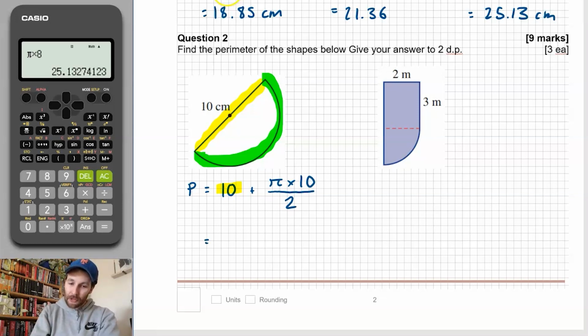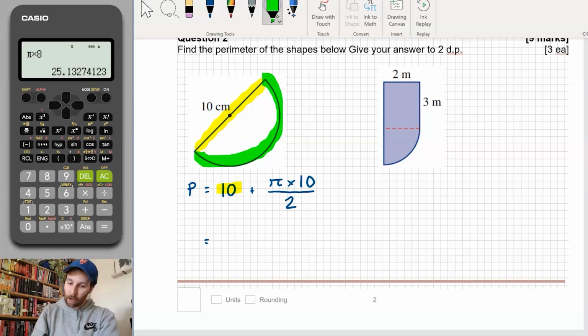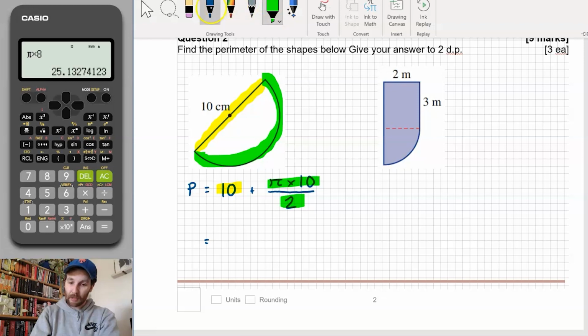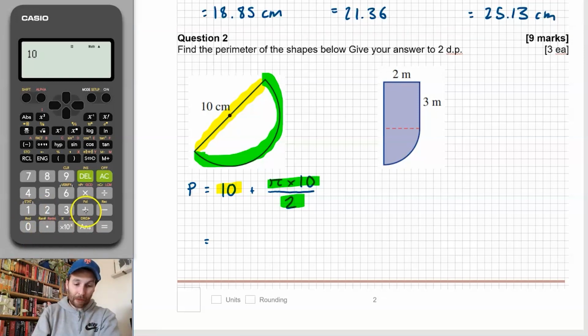Then adding those two together, my yellow bit and my green bit is going to give me the length of the curvy part, and then that yellow straight part was already labeled in the question, so that one was really easy for us. So on your calculator, the way you enter this is 10 plus, and then we want pi times 10 divided by 2.